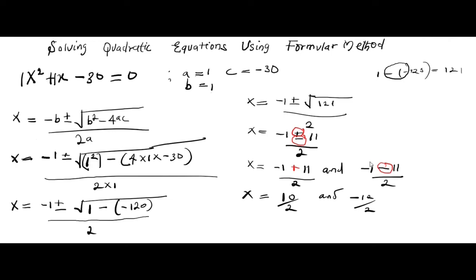When you are adding two negative numbers, the result will be negative. So that's what happens here. Here you have your x equals to 10 over 2, and 10 over 2 is 5. So your x equals to 5, and here -12 over 2 is -6. So your x equals to 5 and -6.